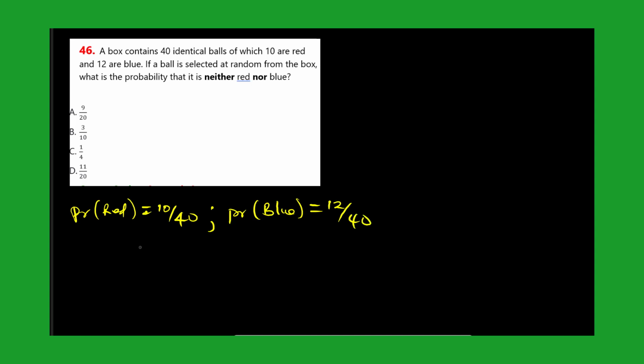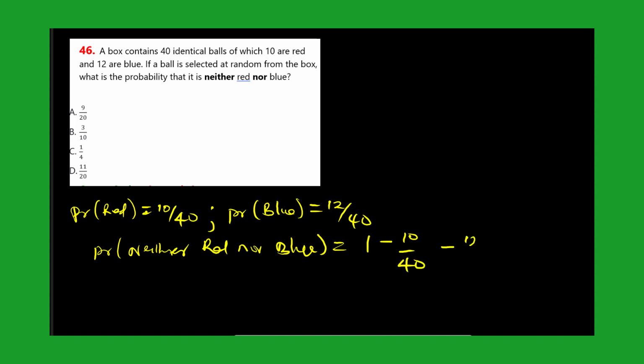So probability that it is neither red nor blue equals 1 minus 10 over 40 minus 12 over 40.